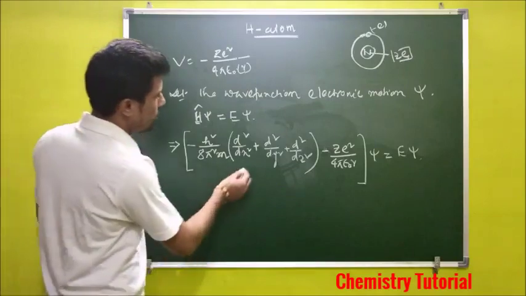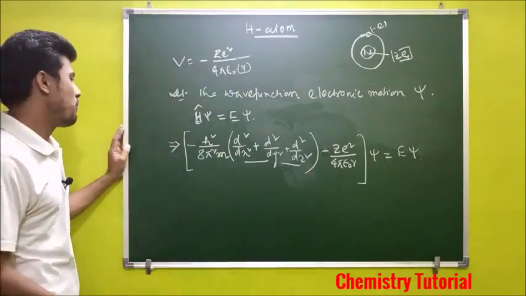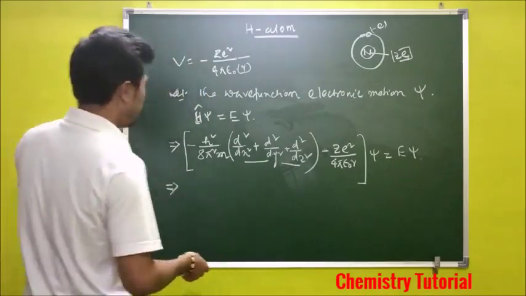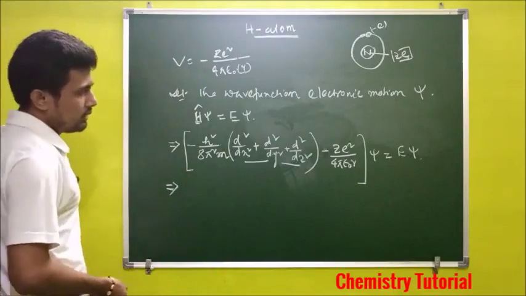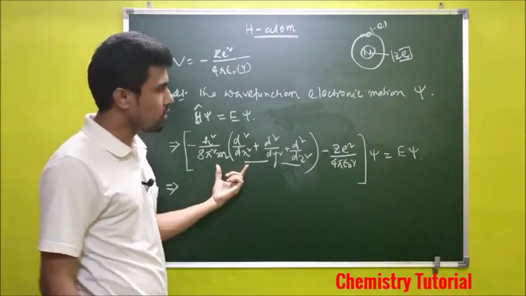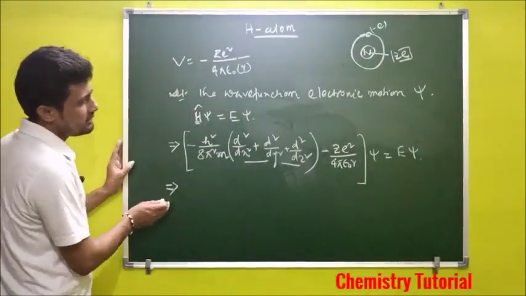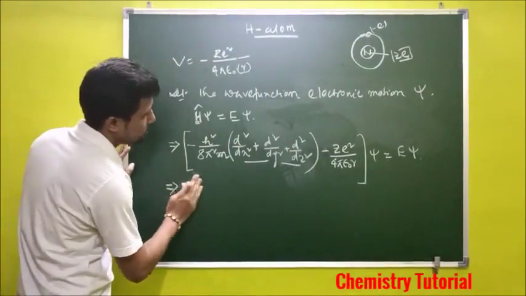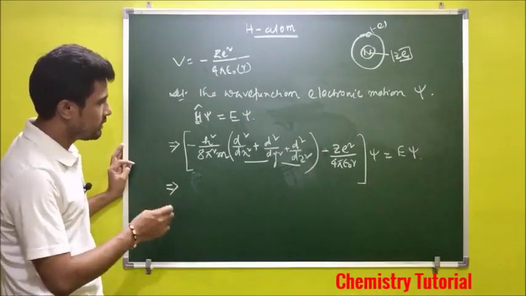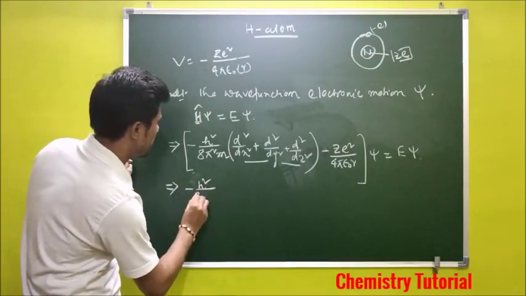So you should remember the kinetic energy operator in terms of polar coordinates. In Cartesian coordinates psi is a function of x, y, z, but in polar coordinates psi will be a function of three variables, r, theta and phi. So I am not writing it here. You just write the polar coordinate expression.